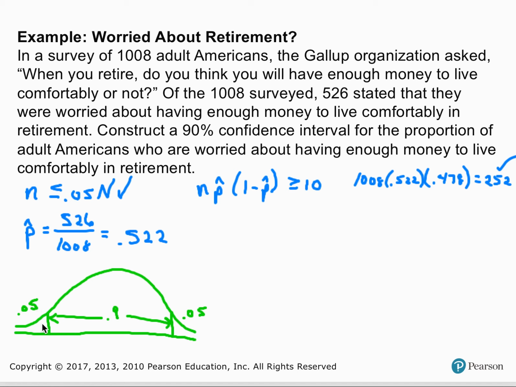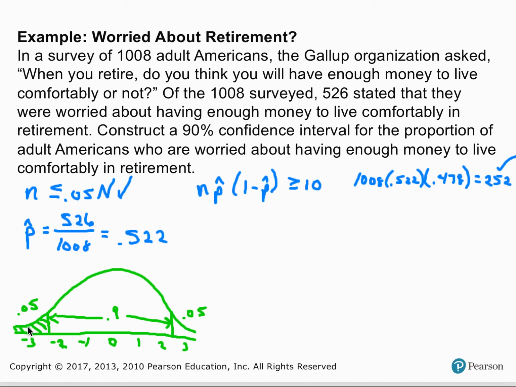Okay, now our Z table gives us this value, but it's symmetric. 0, 1, 2, 3, -1, -2, -3. So I've got those two choices. I can either find this one minus this, or I can just find this one.